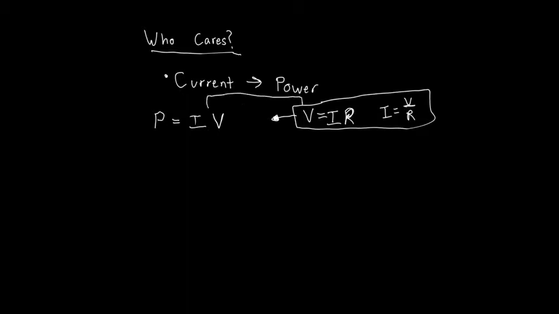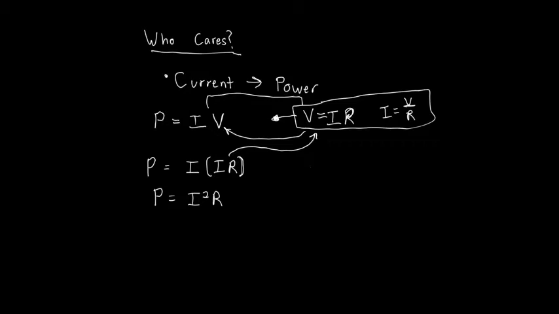So I can get two more equations for the power. What I've done here is I've taken V equals IR and plugged it in for V in my P equals IV equation. So I get a new equation for power. P is equal to I squared times R.